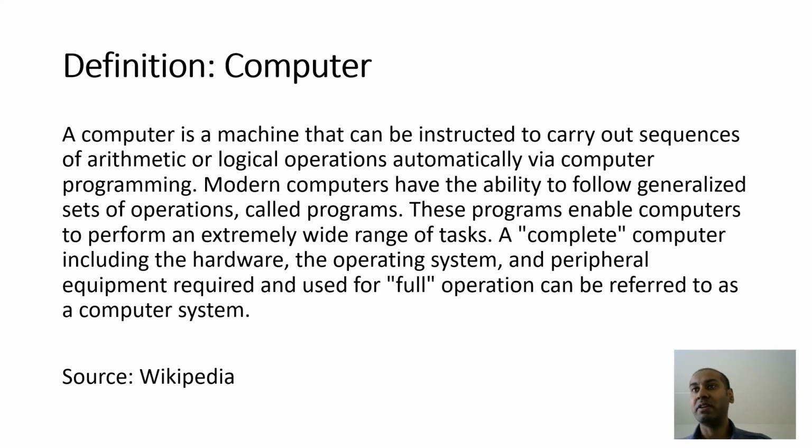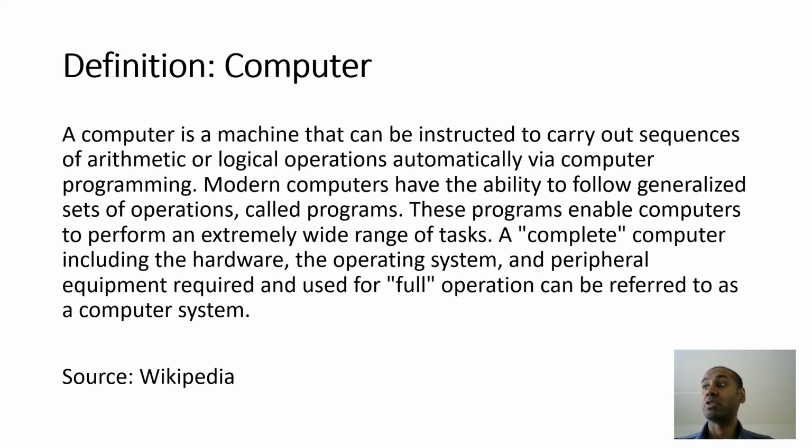Well, according to Wikipedia, if you were ever to Google this question, you probably have used a computer in this day and age somewhere. But according to Wikipedia, the definition is a computer is a machine that can be instructed to carry out sequences of arithmetic or logical operations automatically via computer programming.